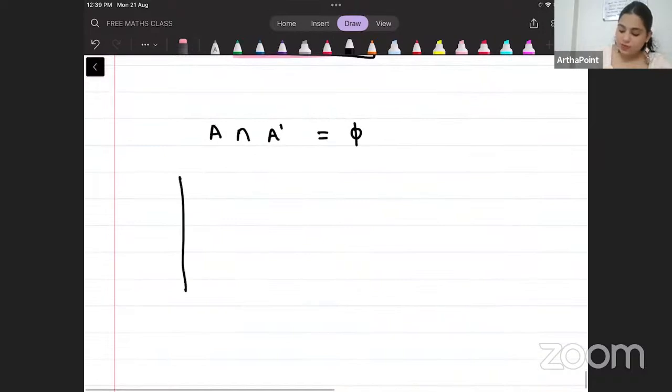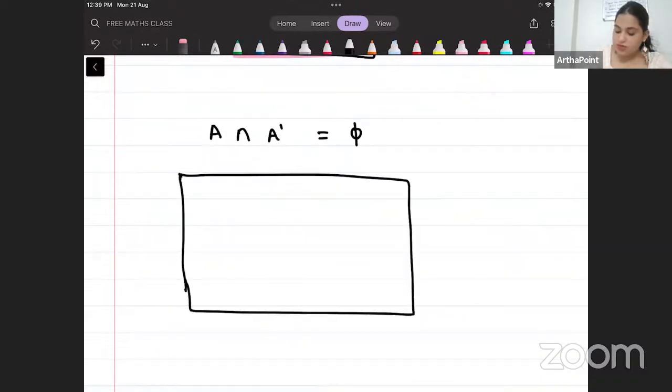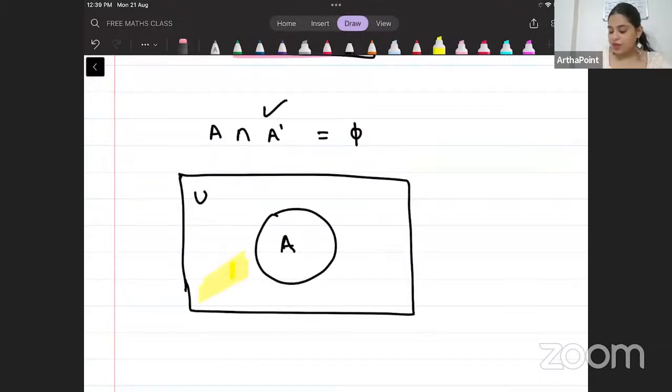Beta, look again. This is my universe. This is A. What is A complement? Everything other than A. Everything other than A is A complement. Right? This is A. Is there anything common between the two? Nothing, right?